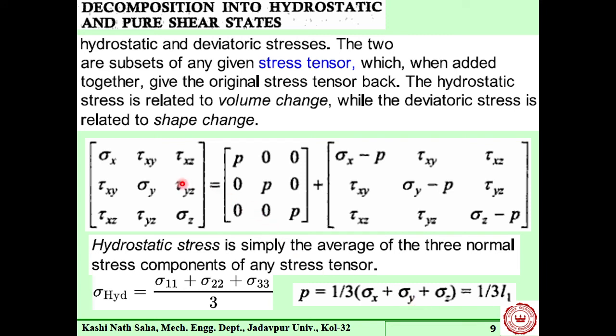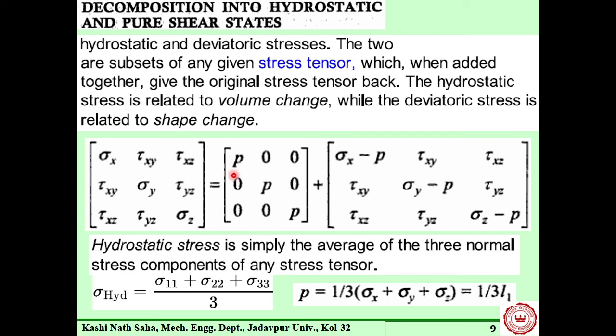And this state of stress matrix now can be expressed like this. What is this condition? There is no shear. There are only constant stresses there. So this state of stress is equivalent to a hydrostatic state of stress, a body under pure compression or pure tension.